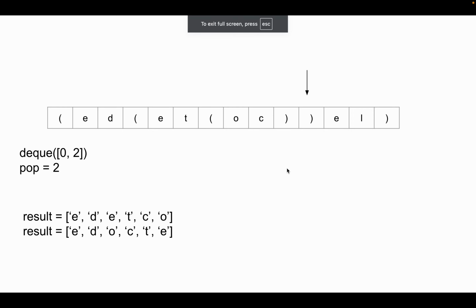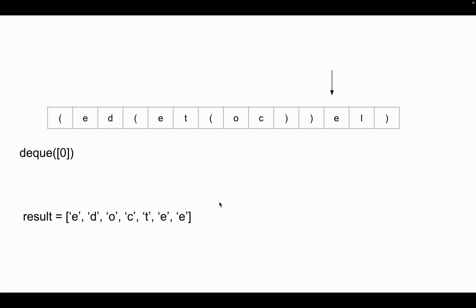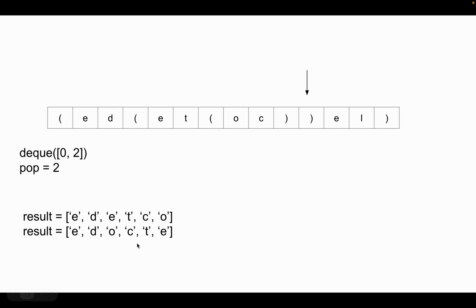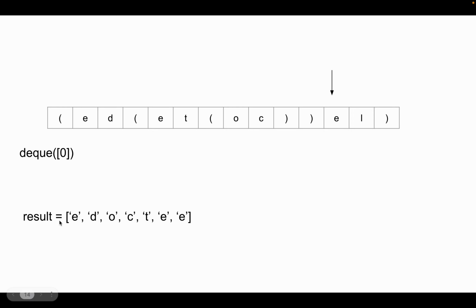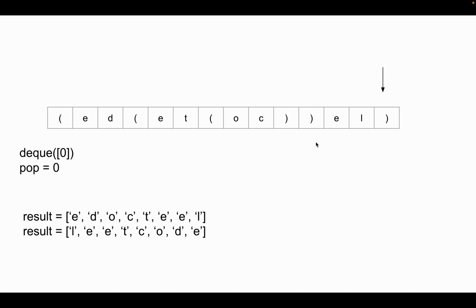So we pop out 2, and then we get OCTE, and then we move on. Now you have EDOCTE, and then you add E, and then you add L. When you reach the last closing parenthesis, you pop out 0, meaning that you want to invert the whole thing starting from 0.